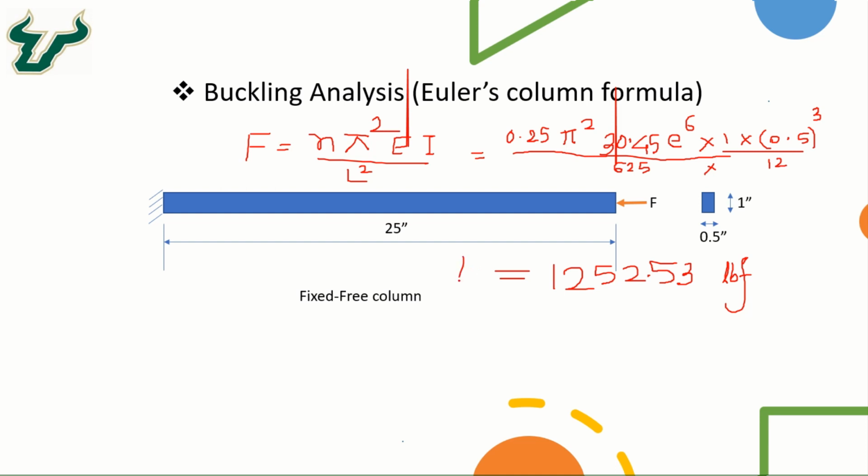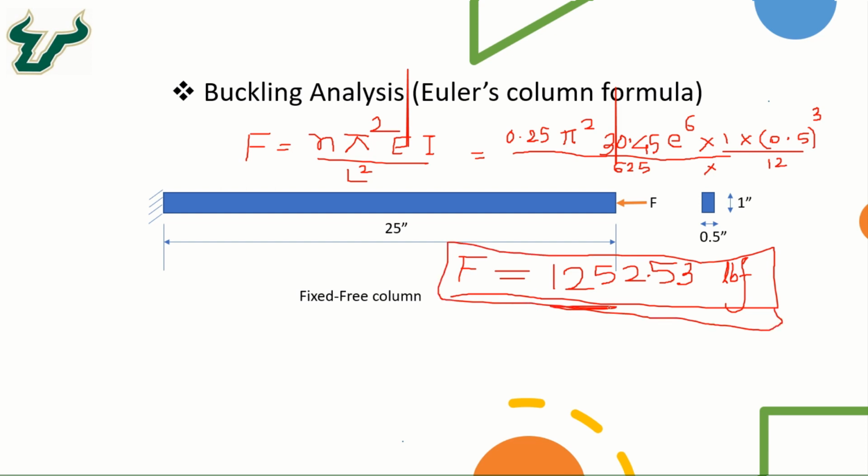Okay, that's the critical buckling load, and this column is going to fail due to buckling when this critical load is reached. As we will see in the simulation, the column will vibrate in the XZ plane.